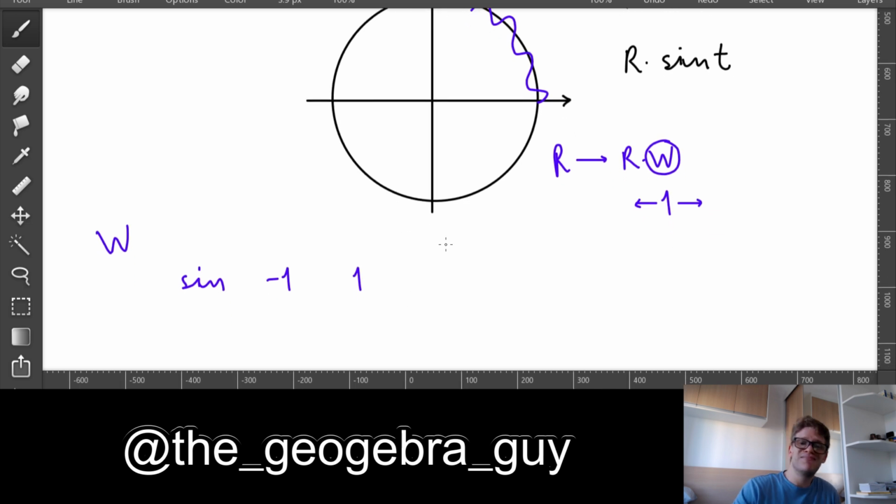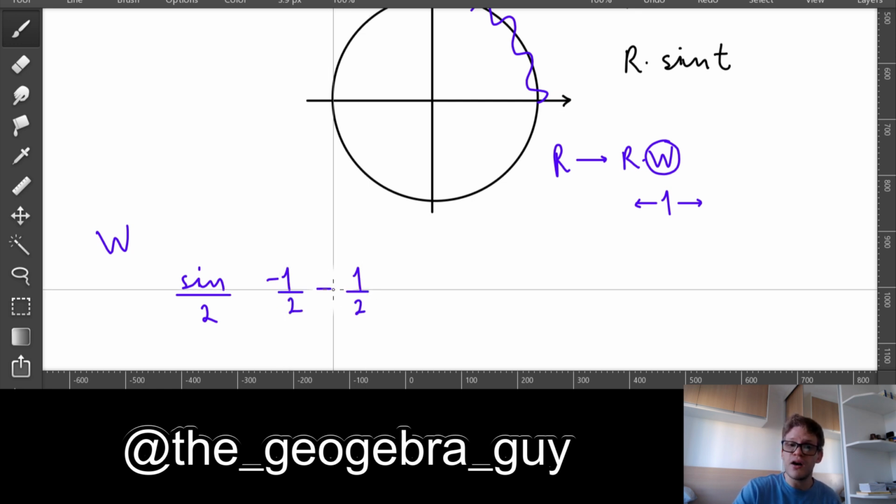So it doesn't quite work for us yet because we want it to oscillate by a very tiny value around 1. So if sine oscillates between -1 and 1, then sine over 2 oscillates between -0.5 and 0.5.